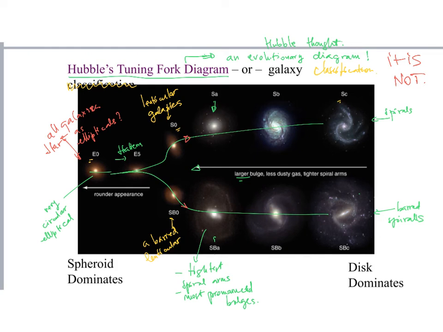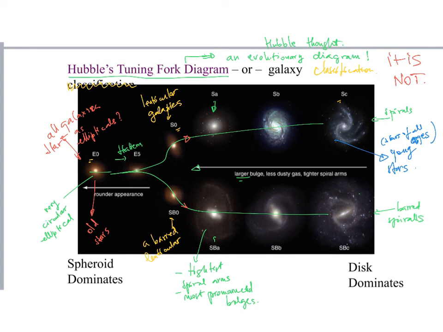However, it turns out that after some more observations, and that was after Hubble died, we learned that these are mostly old stars in these elliptical galaxies, and in the spiral galaxies, they're mostly young stars, or actually stars of all ages.